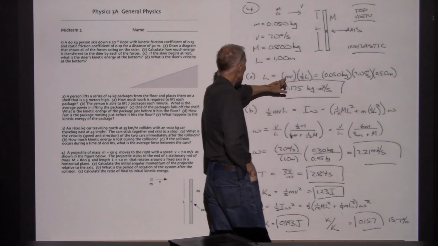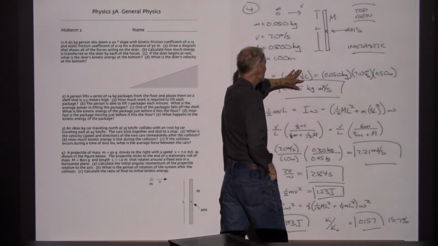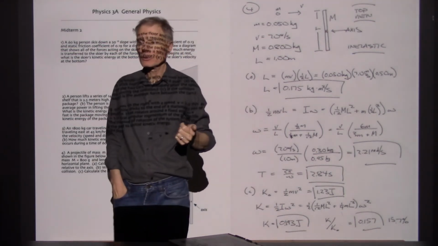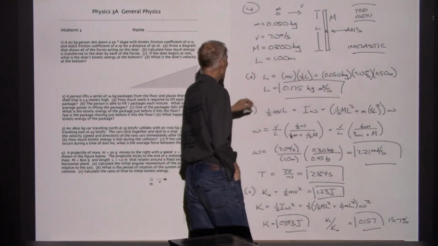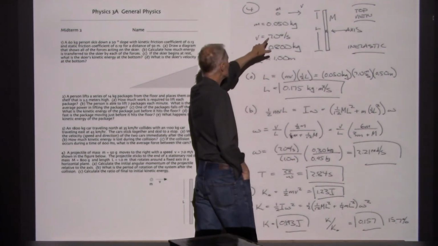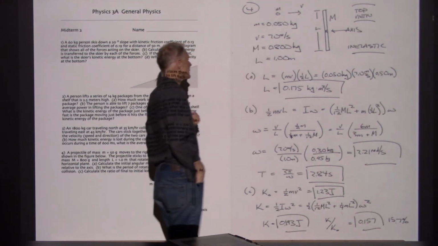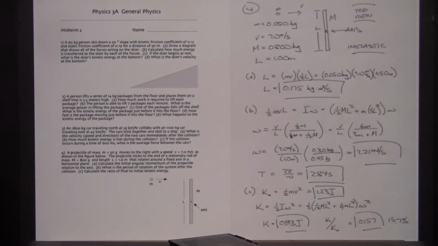And so I've got to take that as the momentum mv times the lever distance. Now the lever distance here is going to be 1/2 of L. And so putting all those numbers together, the amount of angular momentum coming in is 0.175 angular momentum units, which are kilograms meters squared divided by seconds.